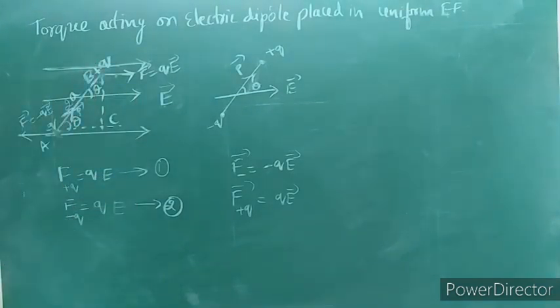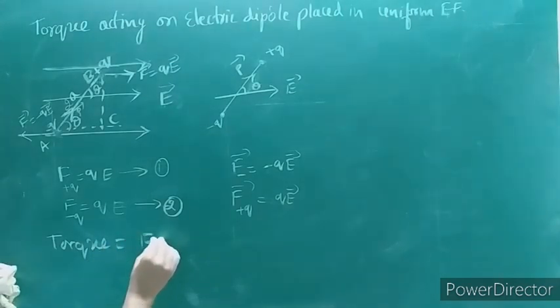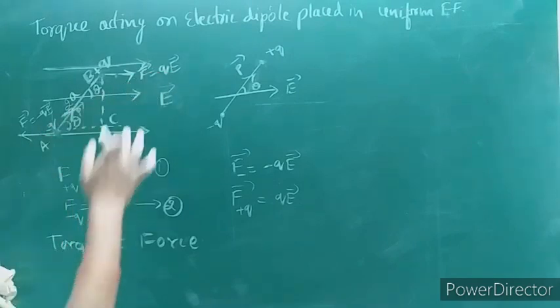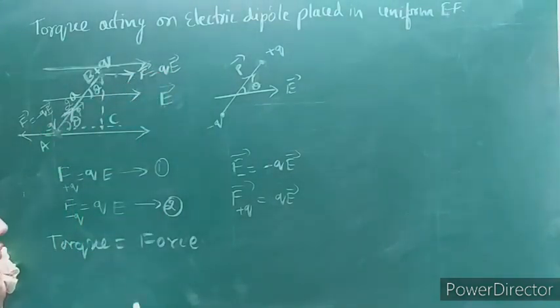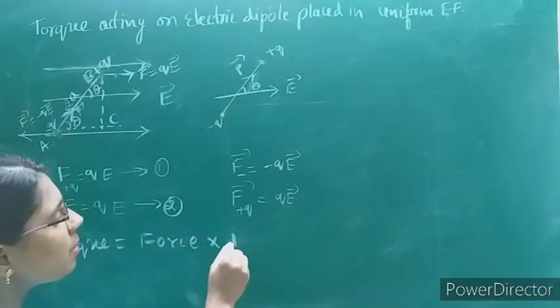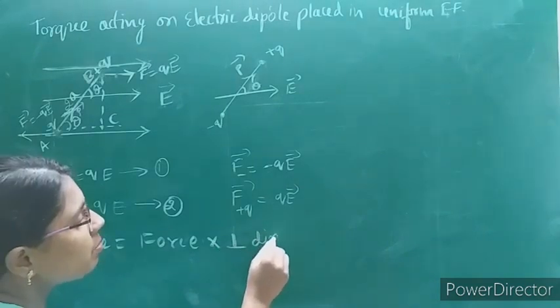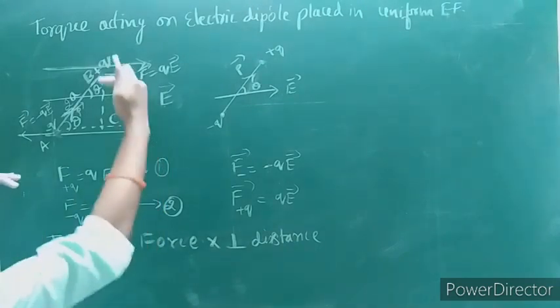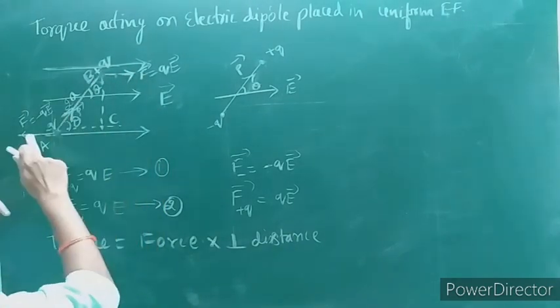Then what is the value of torque? How can we find the value of torque? By the definition of torque, torque is the product of either of the forces, meaning among the two forces we can consider any one force, into the perpendicular distance between those two forces. Perpendicular distance means, see, this is one force and this is the other force.